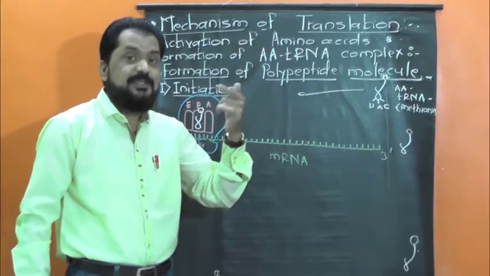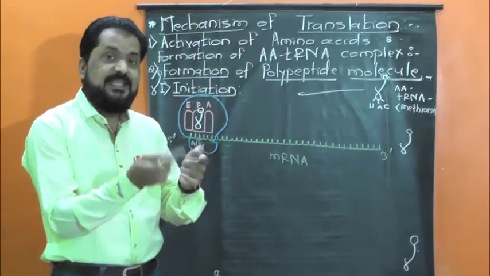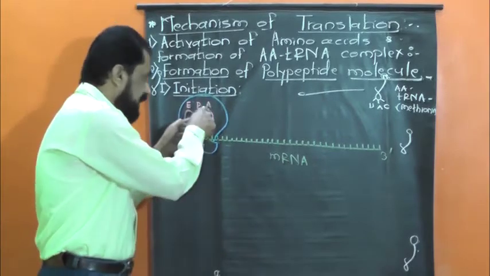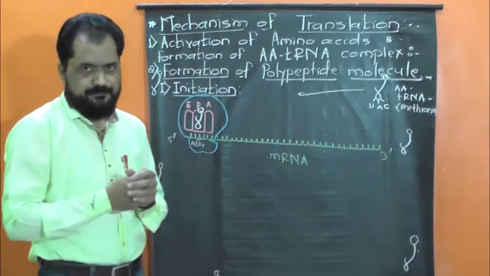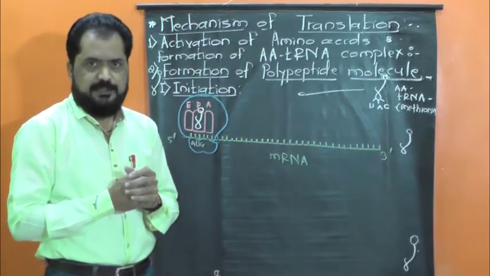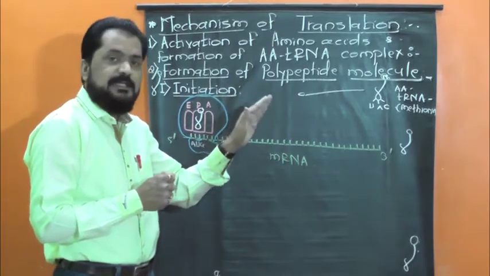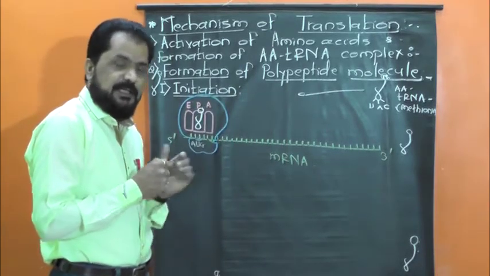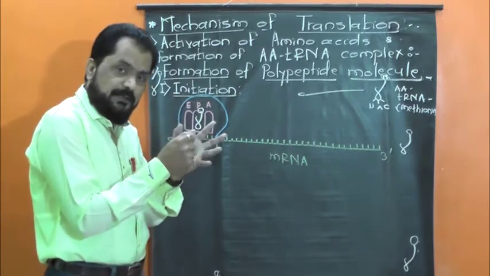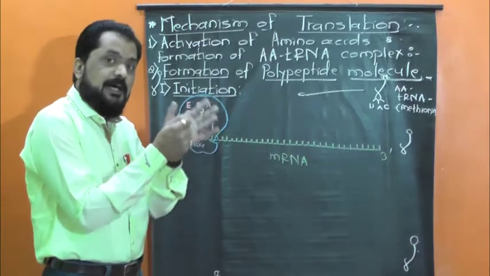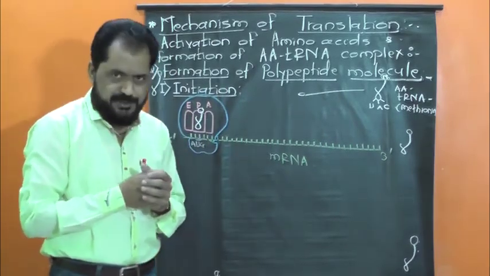But the next new coming AA-tRNA complexes always initially occupy the A site and then shift to the P site. Try to understand. याचा अर्थ याच्या नंतर जे नवीन AA-tRNA कॉम्प्लेक्सेस इकडे येणार आहेत ते मात्र सुरुवातीला ए साइटला ऑक्युपाय करतात, ए साइटला बाइंड करतात आणि नंतर ते ए साइट वरून पी साइट वर शिफ्ट होत असतात.